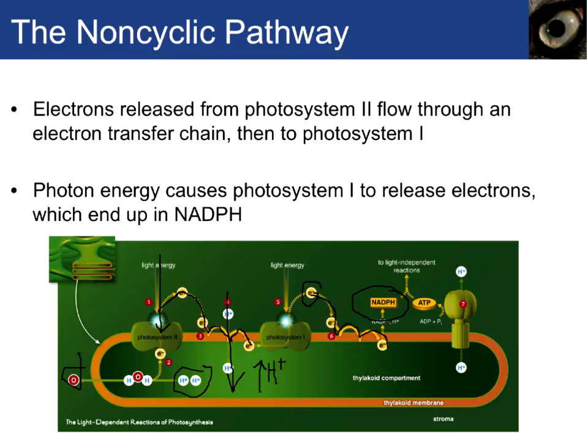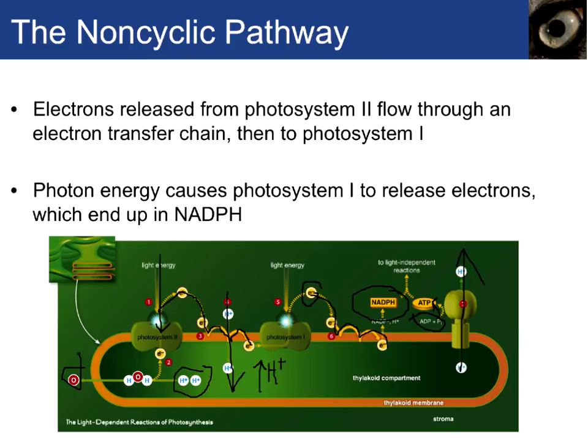At the same time, hydrogen flows down its concentration gradient through this channel, which is called ATP synthase. And that energy is used to combine ADP, which is, again, a low energy molecule, and a phosphate into ATP, which is high energy.